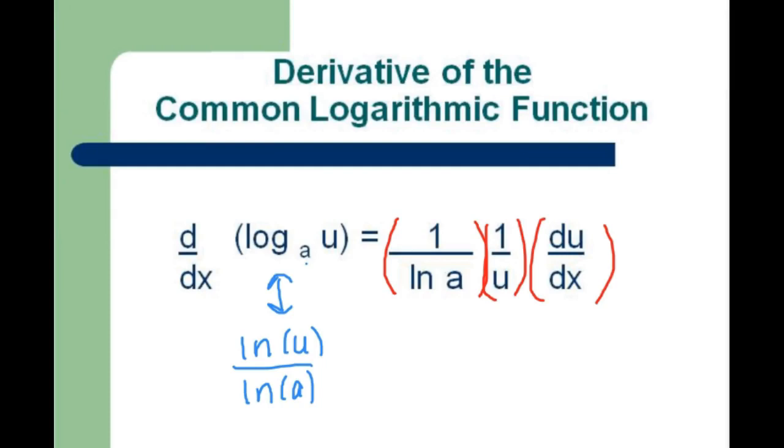But now our calculators are so smart and they have this added feature where you can take the log of any base. But going back to what we just discovered, we can actually prove why the derivative of the log base a of u is equal to what it's equal to, using change of base.